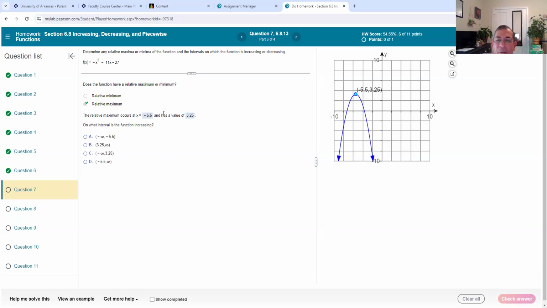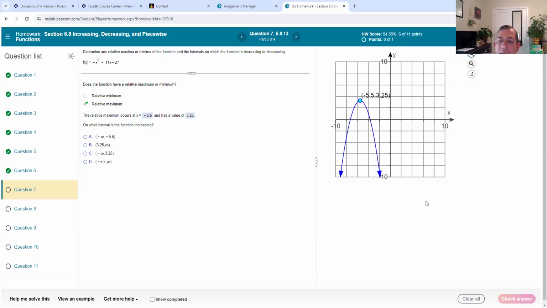So now, y'all, what interval is this function increasing? So where is it going uphill? Well, y'all, that's the left side of this graph here. The left side is going uphill, left to right. So you're coming in from the left, you're going uphill until we get to that x value. Now we know what the x value is.